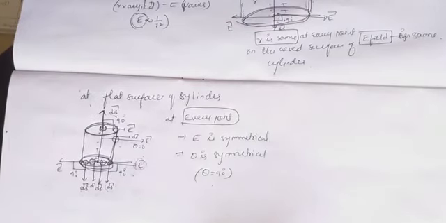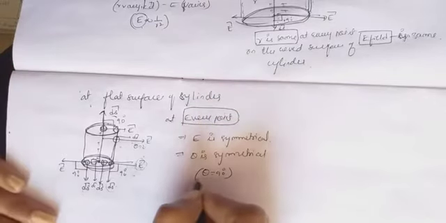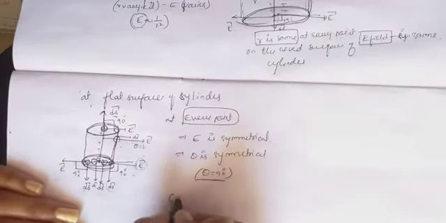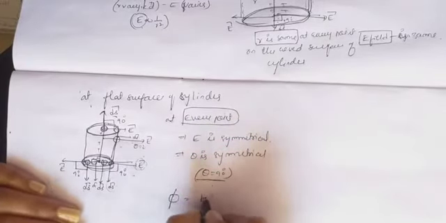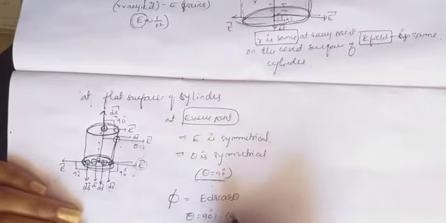So at flat surface theta is equal to 90 degrees. Now as theta is equal to 90, what is phi? Phi is E dS cos theta, this is the magnitude. Now if theta is equal to 90 degrees, then cos 90 is equal to what? 0.